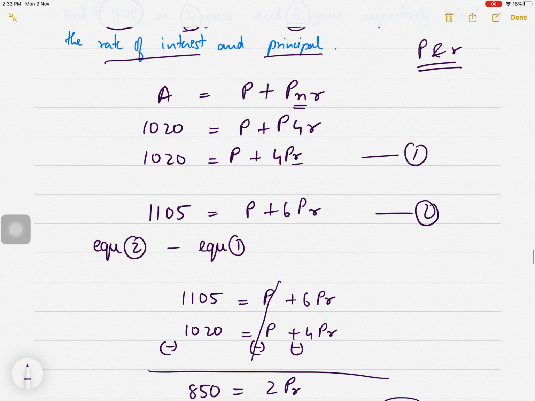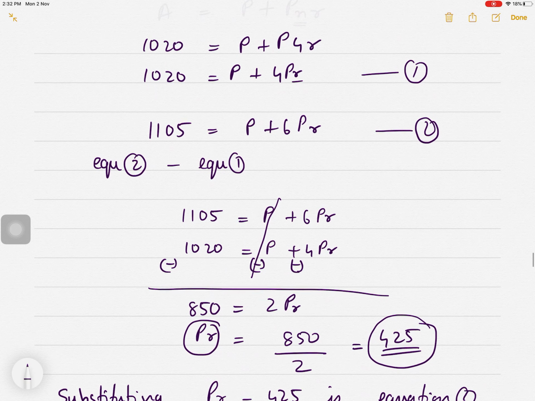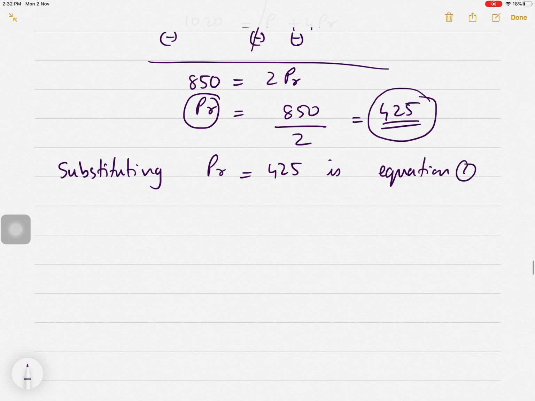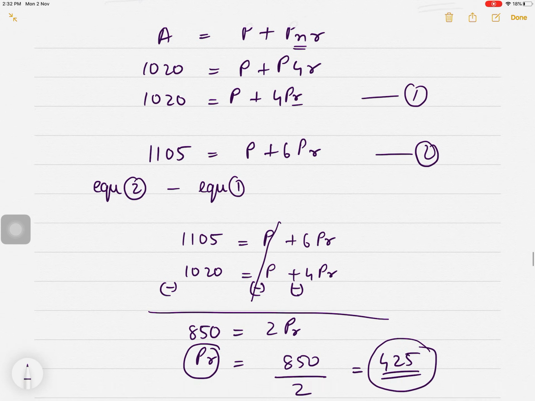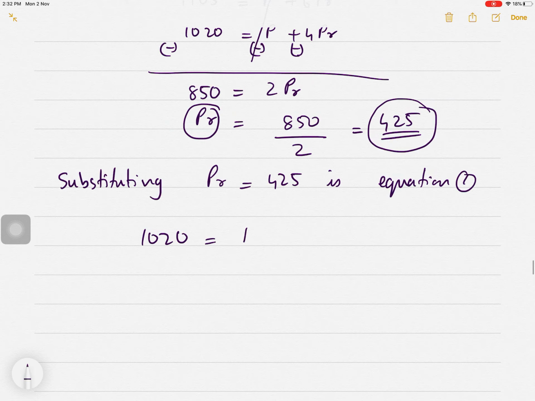Now my equation 1 is 1020 is equal to P plus 4PR. 1020 is equal to P plus 4PR, and PR is 425, right? So 1020 is equal to P plus 4 into 425.